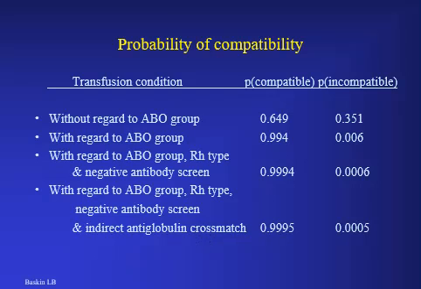So you can see that as long as we have the ABO group and a negative antibody screen, we've added very little by actually cross-matching, and so you're pretty safe in transfusing, although protocol says to go ahead and do it, because there's always a chance that some problem would arise.